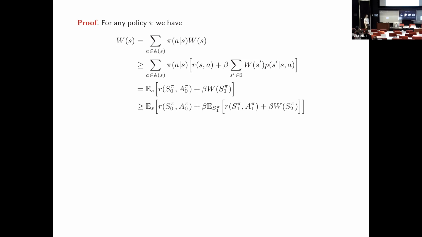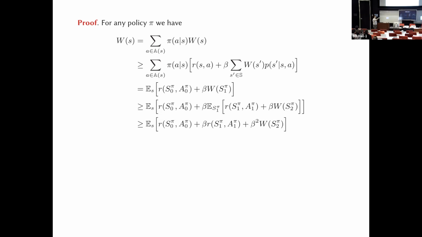So I do it again. Greater or equal, I receive the next reward, and I am at step number 2. I have to employ here a conditional expectation, but since everything is Markov, I can just pull it out and ignore it. Yeah, so I receive the first 2 rewards and then get the discounted W at stage 2.